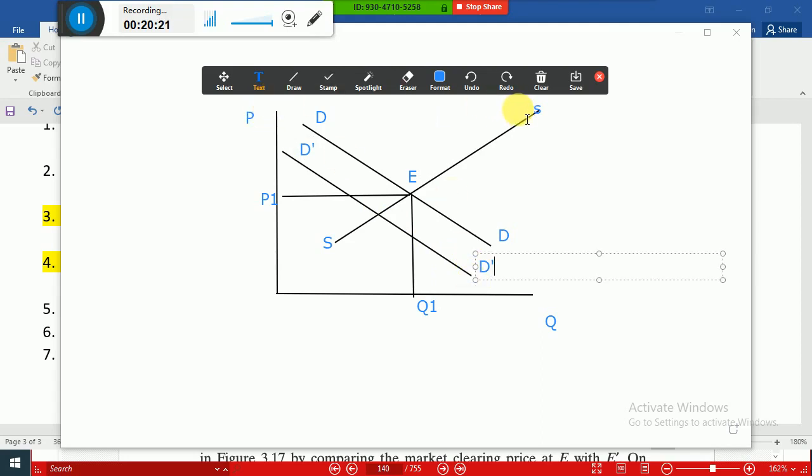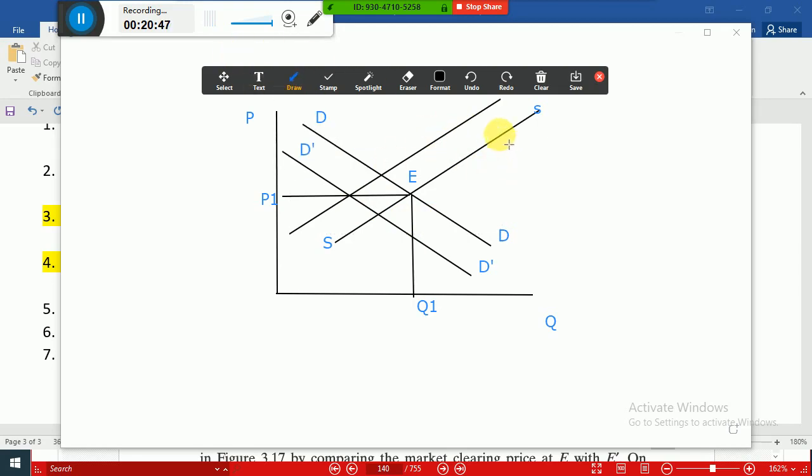Similarly, supply also decreases, so the new supply curve is to the left of the old supply curve. We have again assumed that the rate of change is the same in demand and supply.